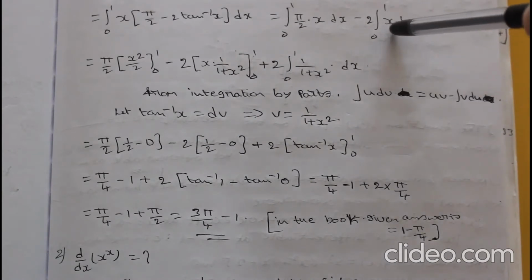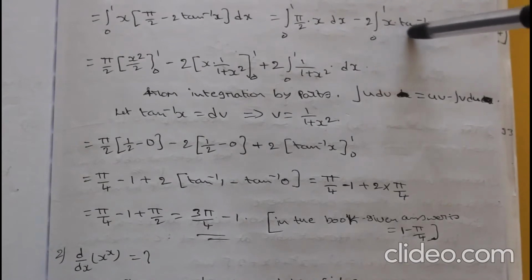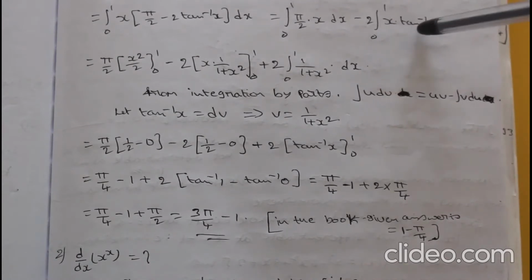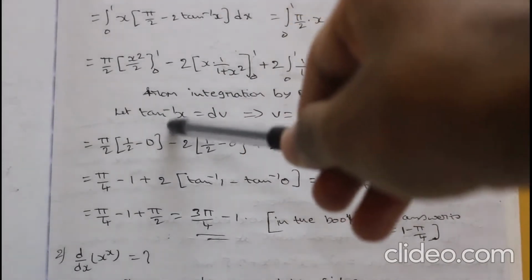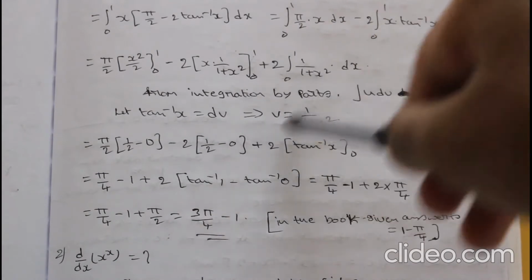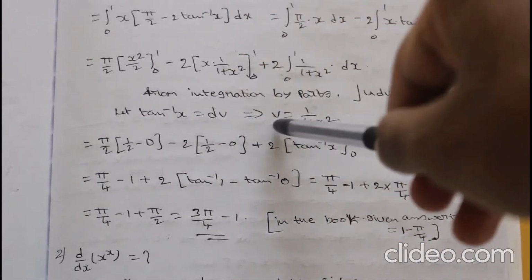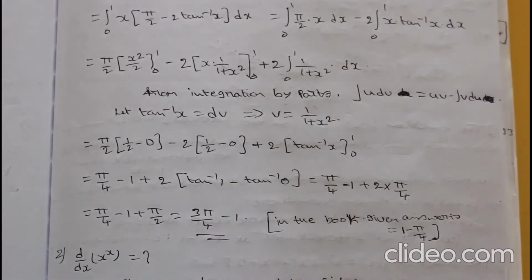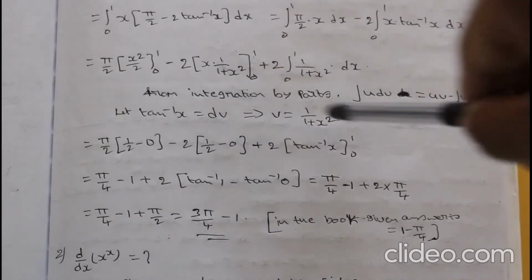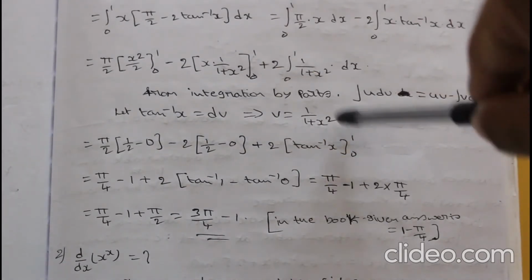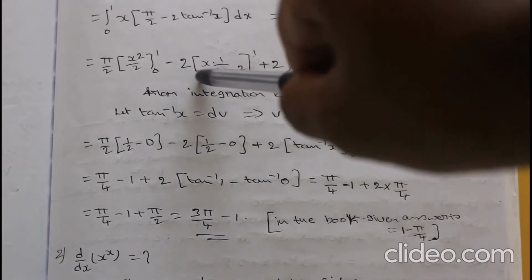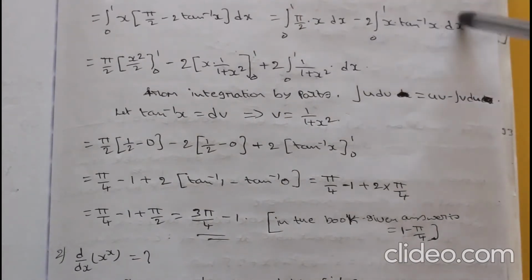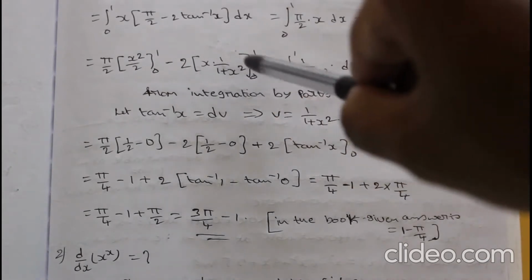If you take x as u and tan inverse x as dv, integrating both sides, v is equal to 1/(1+x²). So dv is tan inverse x and v is 1/(1+x²) and u is x. Using this formula, the integration of this whole part is 2 into uv.